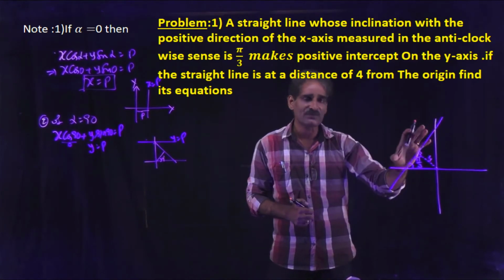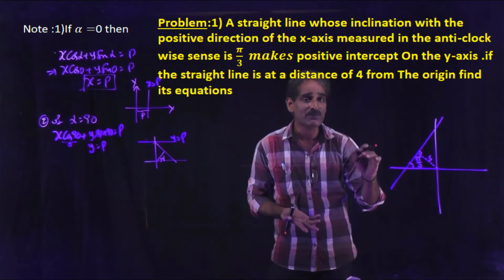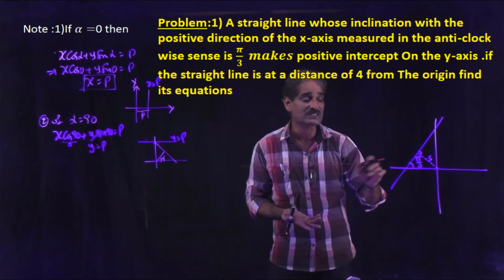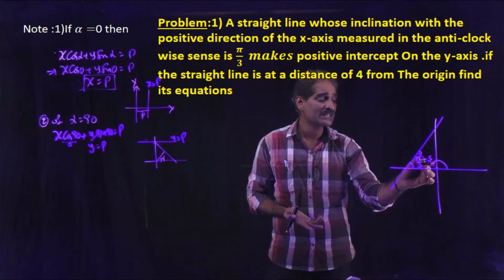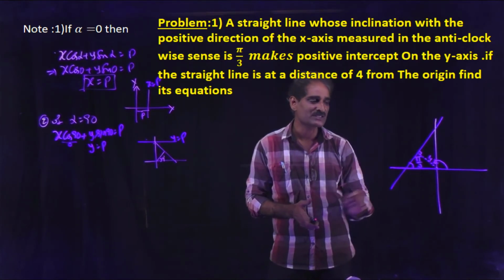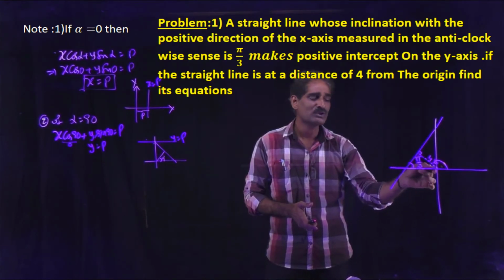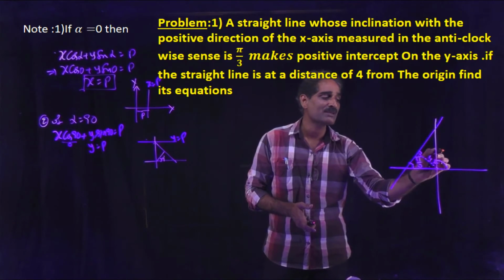So in case of this normal, what is alpha? What is the angle formed by the normal with the positive direction of the x-axis? This one is the angle made by the normal with the positive direction of the x-axis. 90, pi by 3, pi by 6. What about the remaining angle? Pi minus pi by 6.